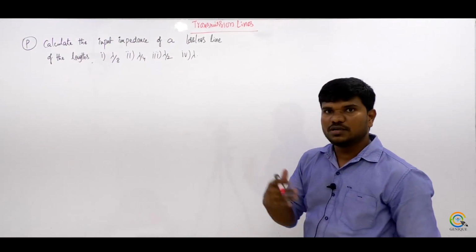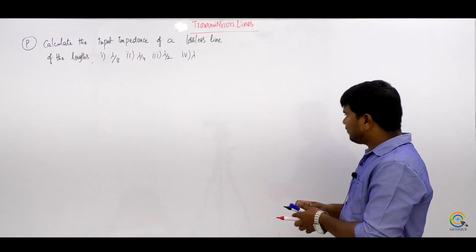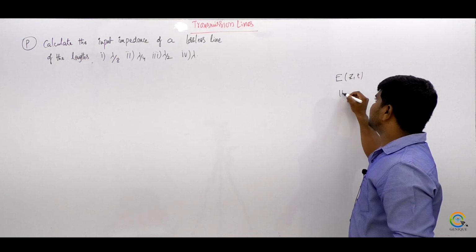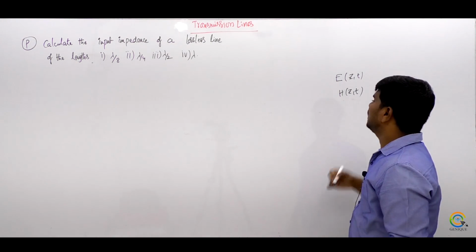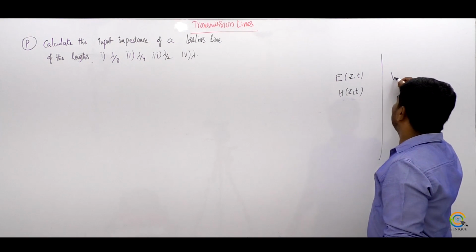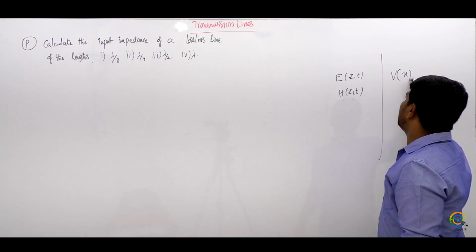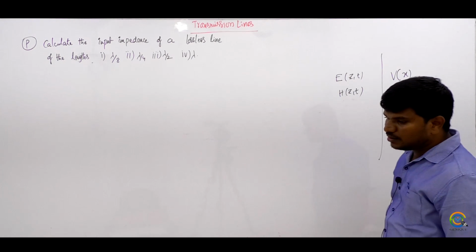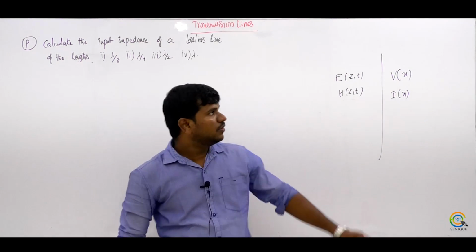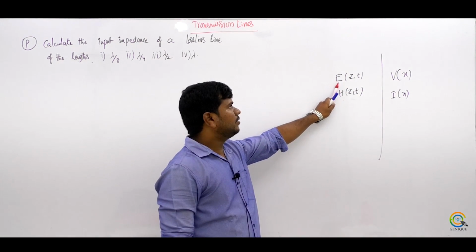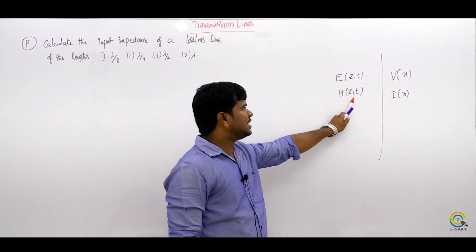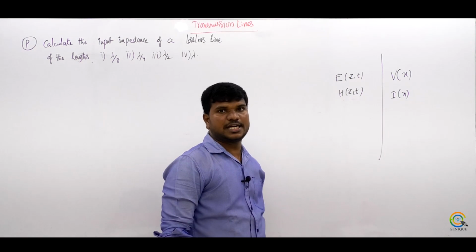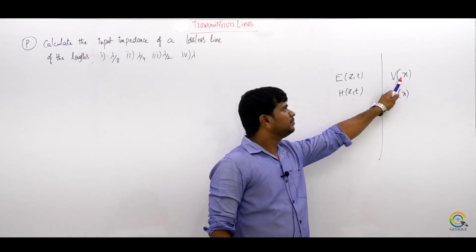Before going to this question, come to this. In electromagnetic waves, we derived E of z comma t and H of z comma t. Here also in transmission lines, we derive V of x and I of x. Here Z, we assumed that the electromagnetic wave is traveling in the Z direction, and we are calculating the waves at some particular intervals. Here we won't talk about the time.